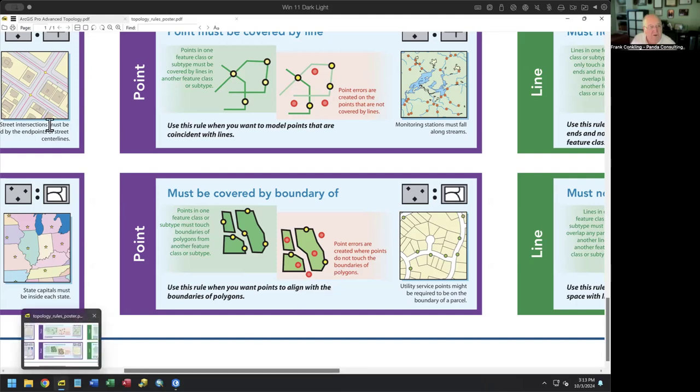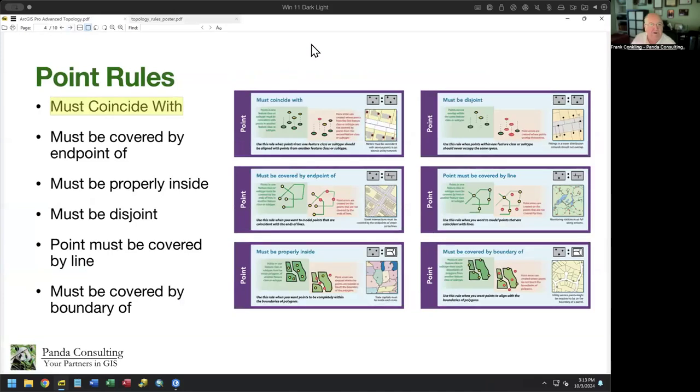All right, so let's go back here. So again, six rules. They're fairly simplistic when you get to work on them, but they cover about everything you need to do with points: how the points relate to other things. How points relate to points. Are they on top of? Are they not on top of? You'll see those two rules here up on top.